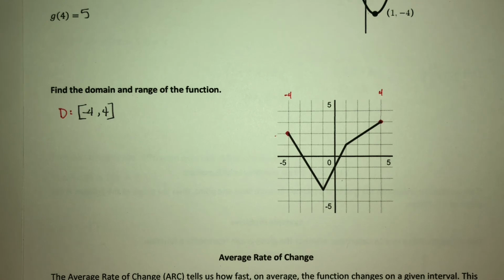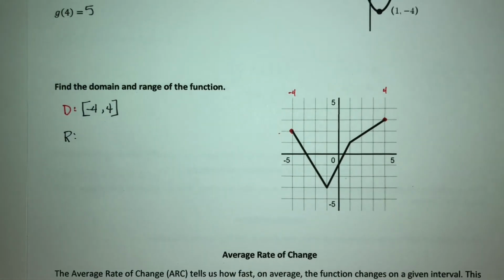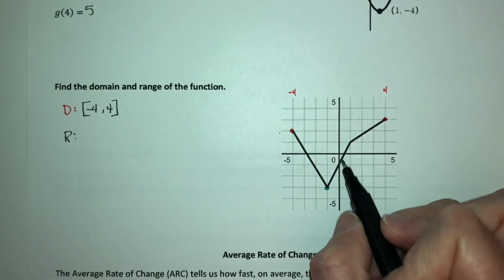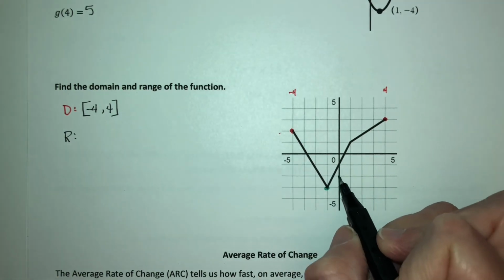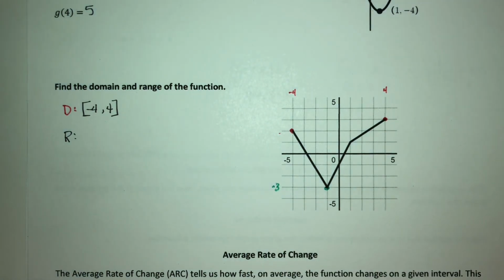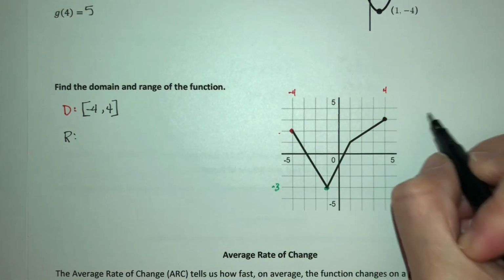Okay? Now basically we do the same thing for y. So for our range, we're doing the same thing for our y values. What is the smallest y value we have? Well, it goes all the way down to here. That's our smallest y value, which is 1, 2, 3. So that's -3. The largest y value, well, that's going to be here as well.